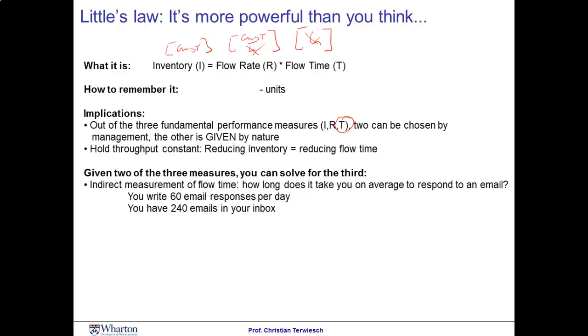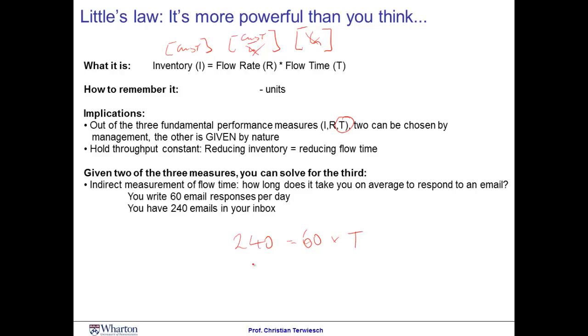Think about how long it will take you on average to respond to your email. This is really not a number that most of us routinely track. However, you can compute this number quite easily. If you have 240 emails in your inbox, that is an inventory, then this number equals the flow rate, so say you're writing 60 emails per day, times the flow time that you really don't know.